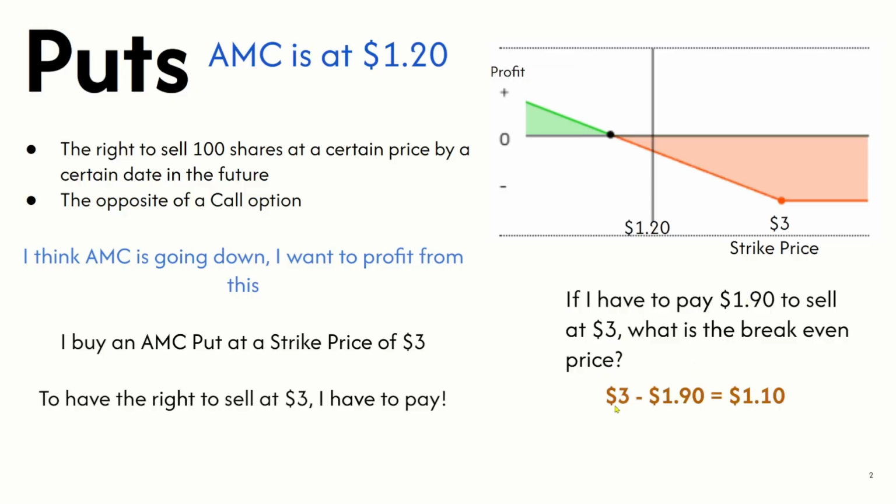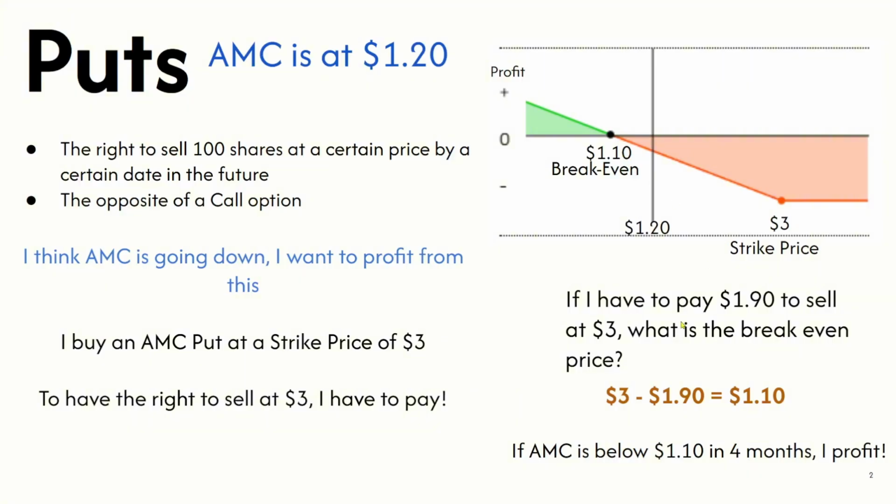This is what the math would look like. We'll take our strike price, subtract the $1.90 out of that, and we get $1.10. So we'll put our $1.10 up here, and this is where we would break even. Anything below this $1.10 is profit. We have the right to sell it at $3, but we paid $1.90, so our break even is at $1.10.